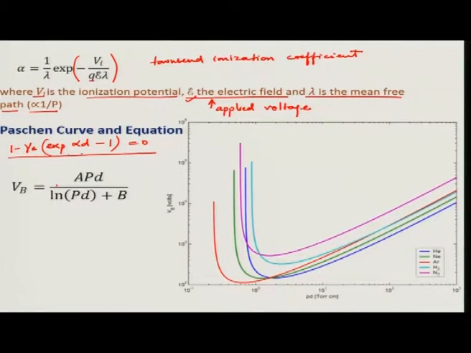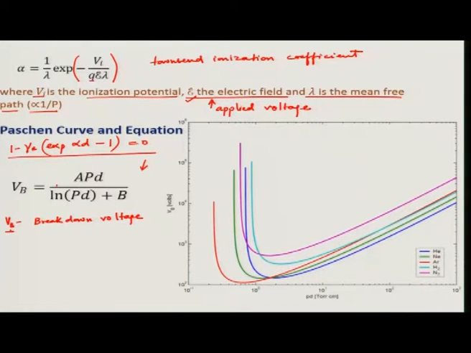So, once this expression becomes 0, the current will try to go to infinity, and from this we can calculate a quantity called breakdown voltage. So, VB here is the breakdown voltage for that gas. Breakdown voltage means that after this voltage the plasma will be self sustained. So, you need to apply this voltage to have a self sustained plasma.